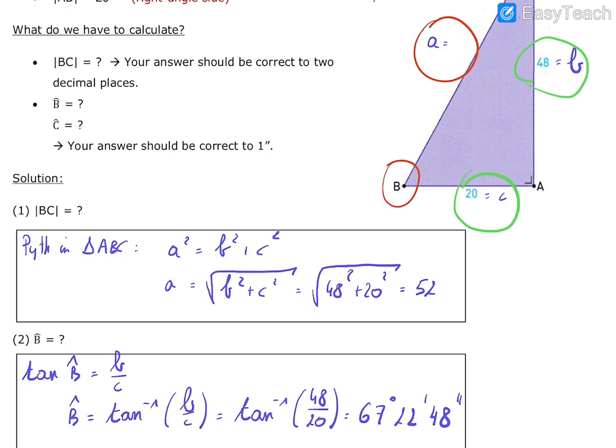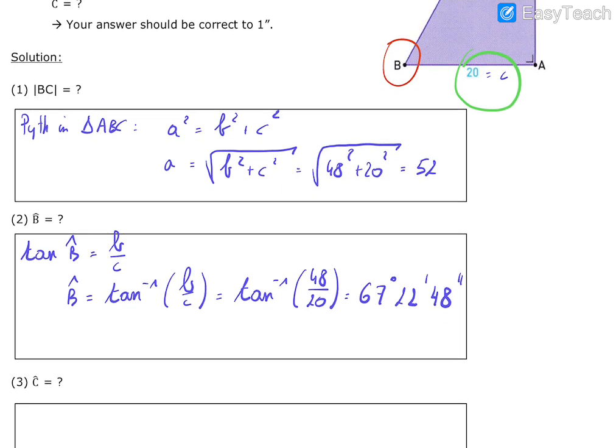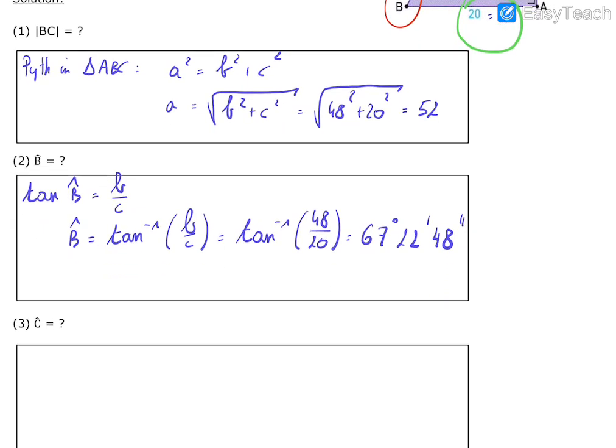Now, as I mentioned yesterday, you cannot calculate C by doing 90 minus B. You have to use the green circles. So I'm going to do that again. And it is still tangent, of course, because the opposite side to B is the adjacent right angle side to C, and vice versa.